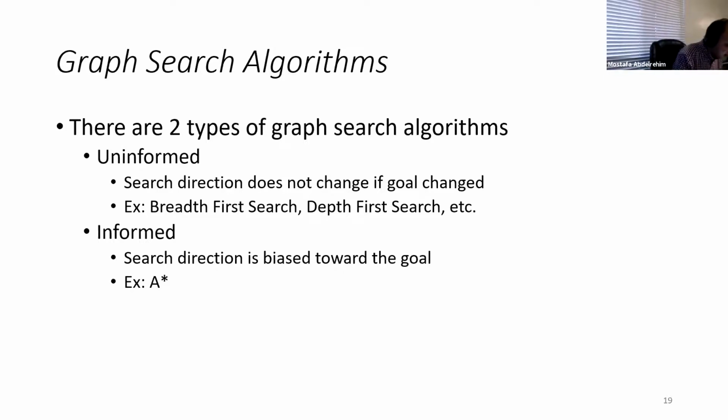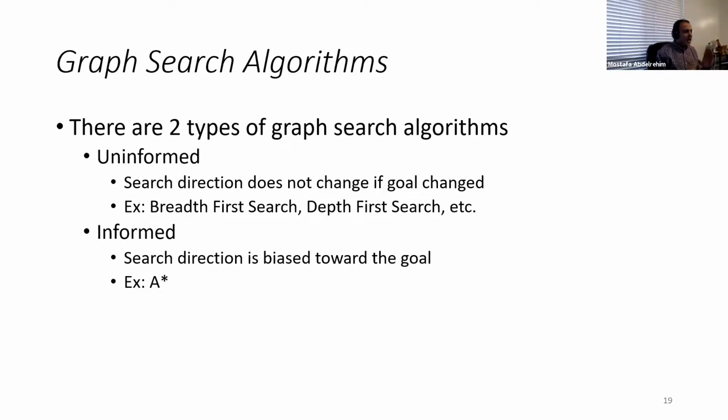Basically, there are 2 types of graph search algorithms: uninformed and informed. An uninformed graph search algorithm takes decisions in the search without considering the goal location. Whatever the goal location is, the same steps will be taken each time.